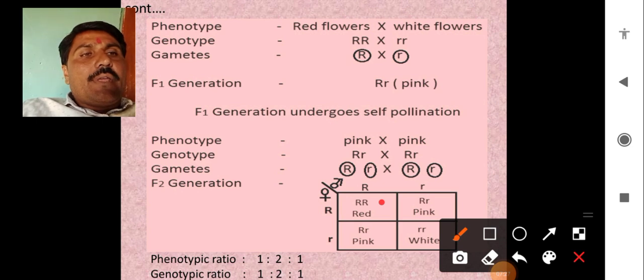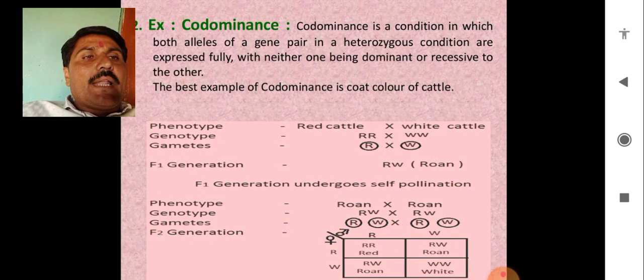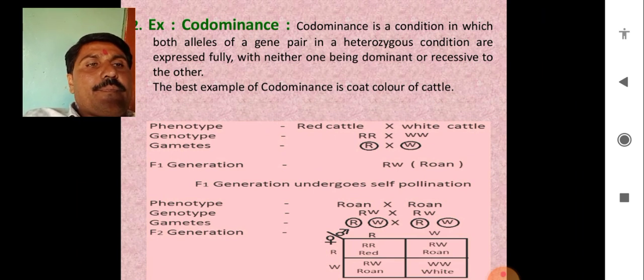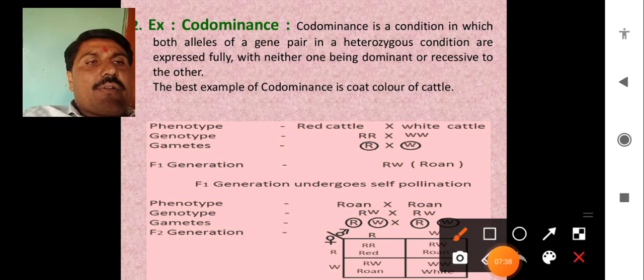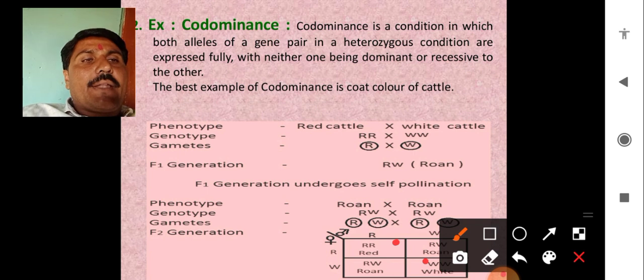Okay, we get here the pure one. Whereas in the coat color of a cattle, we do get the red one and the white one, that is the pure parent, and both give the roan one.